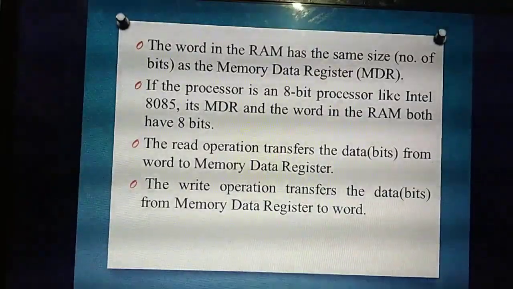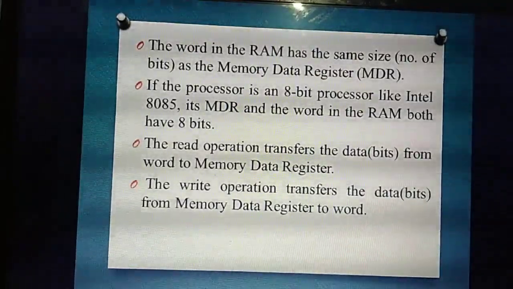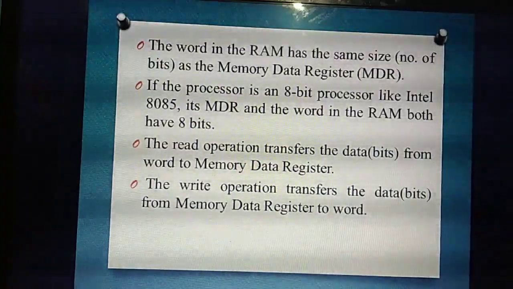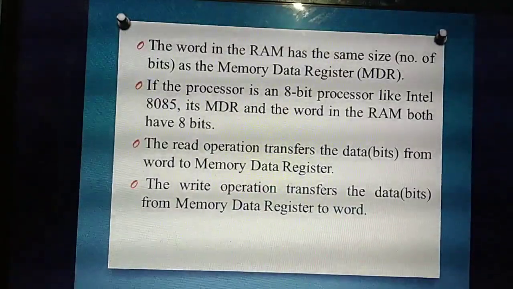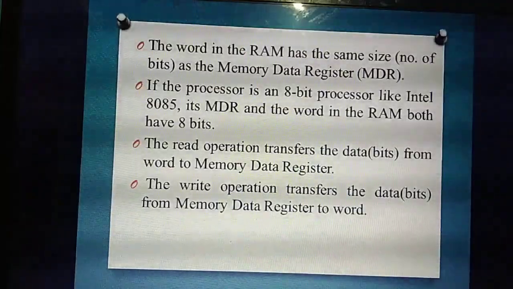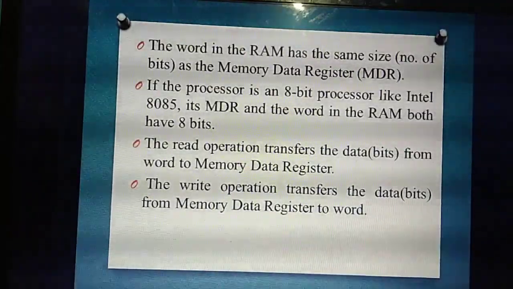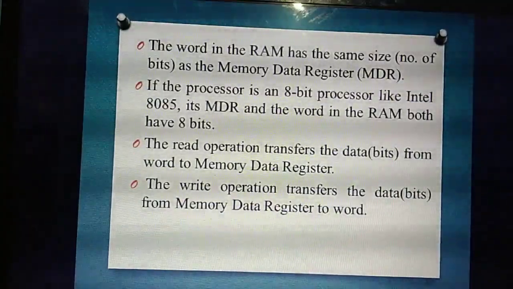So listen. In this slide, there are two operations I said. What operations are done by the MDR? Two: read operation and write operation. For this, the one best example I said is the rewritable CD. What's the use of a normal CD and a rewritable CD? In a rewritable CD, you can copy the file and you can delete the file. Next time, you can copy another file. That is a rewritable CD.